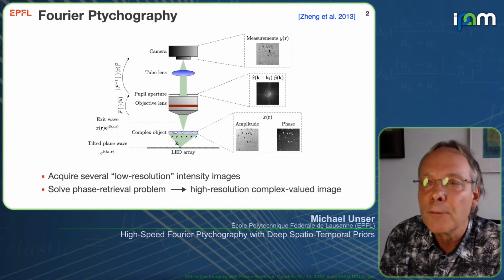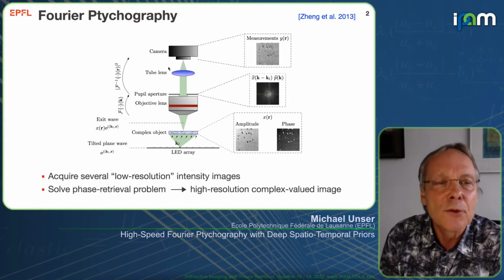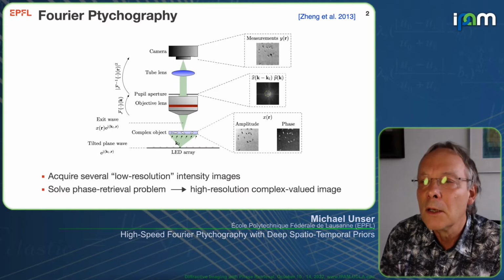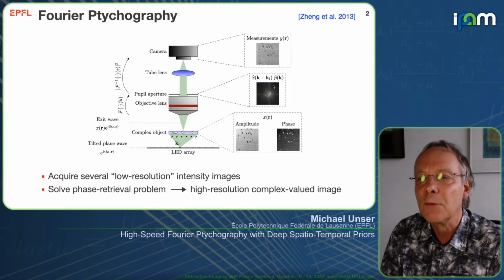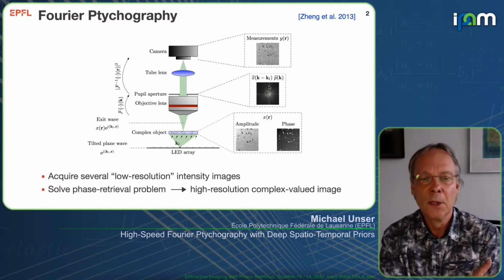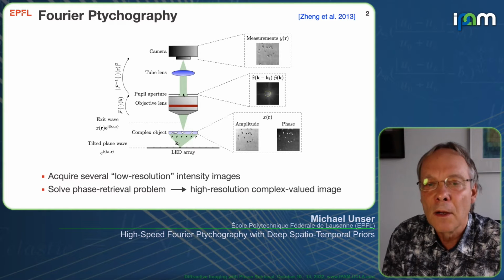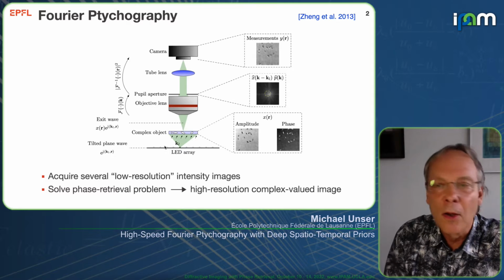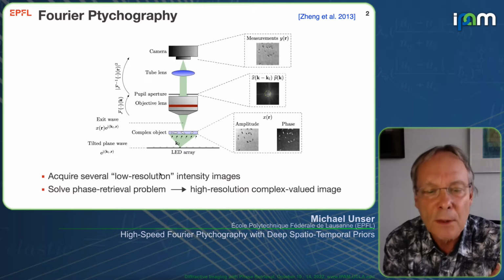Because you're measuring intensity, you are getting the square of this measurement, which corresponds to the inverse Fourier transform of this thing here. Because you have this pupil function, you will have a diffraction-limited image.